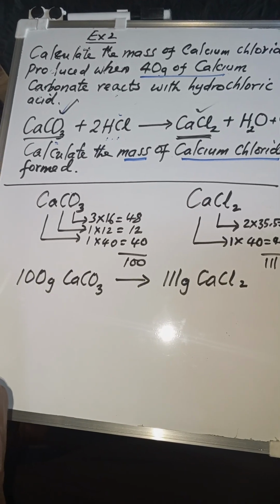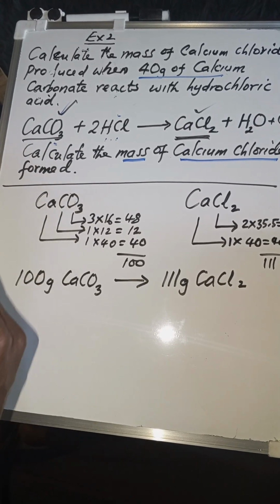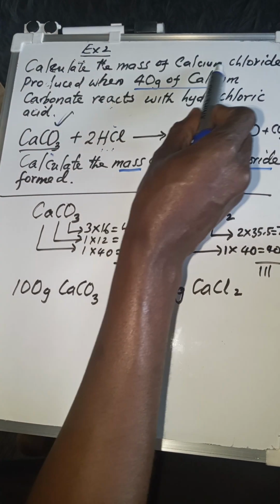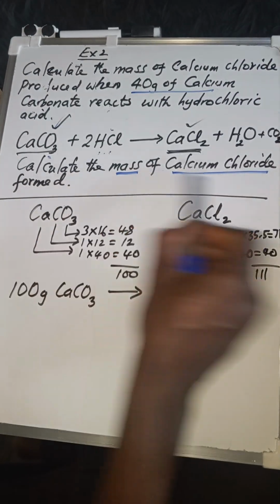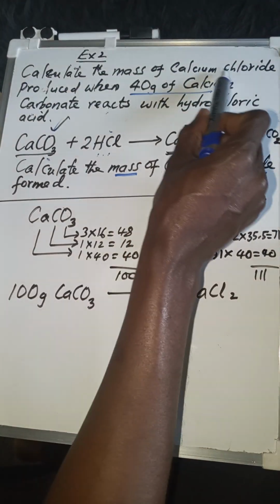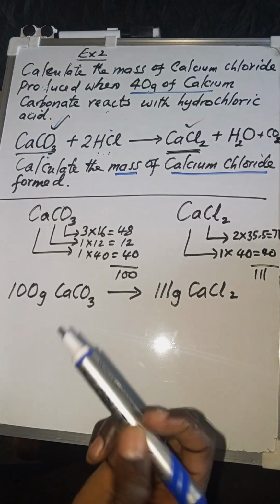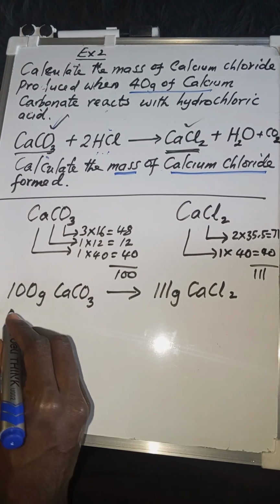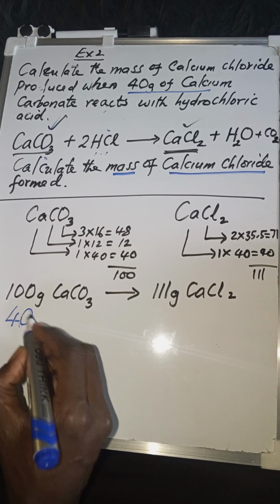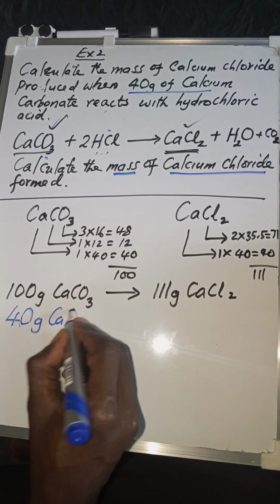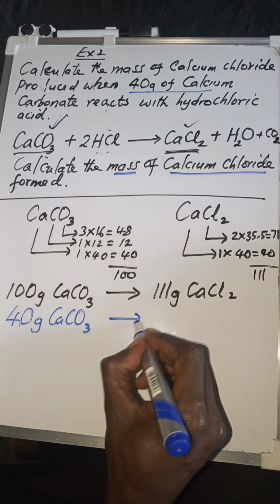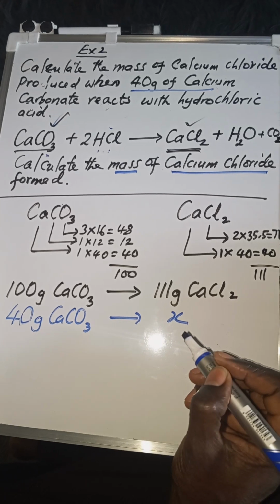Now, if you remember, the question said calculate the mass of calcium chloride produced when 40 grams of calcium carbonate reacts. So meaning, if now we use 40 grams of calcium carbonate, what mass of calcium chloride will be produced?